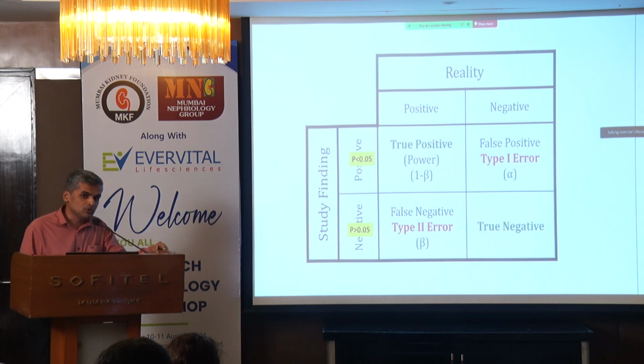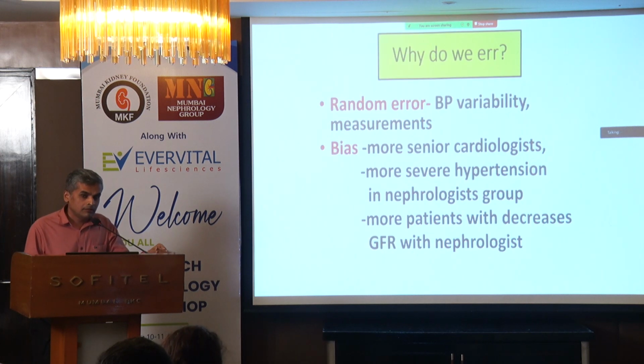Or you may find that there is no difference, with a p-value of 0.05 and above, but actually there was a difference. So you couldn't detect this difference; you were false negative, that is type 2 or beta error. And there is a possibility that you may find that there is no difference and there is really no difference, and you are true negative. So it's something similar to diagnostic testing. But why do we err?